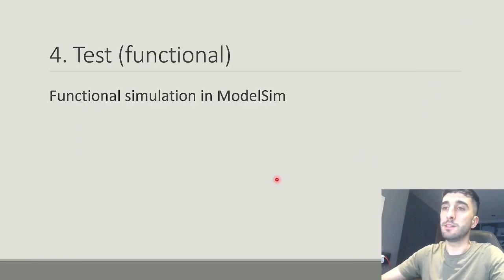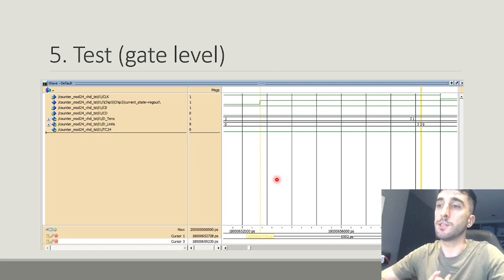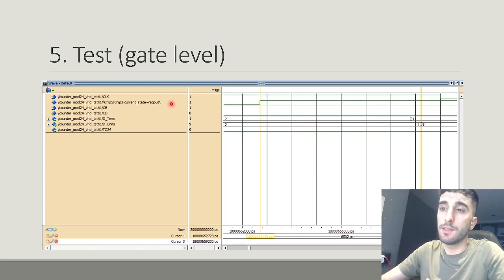So now let's have a look at the gate level simulation. Thanks to this simulation, we can see the delays. So here I have the rising edge of the CLK 250 Hz. From here to the output, I have a delay of 6.5 nanoseconds. So it's well.